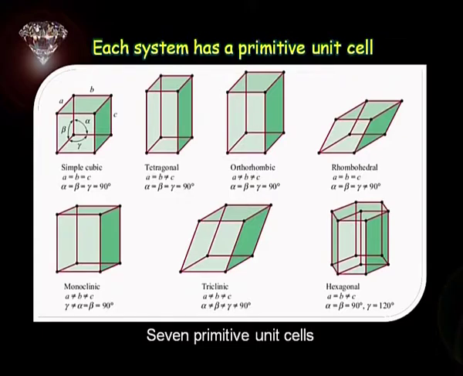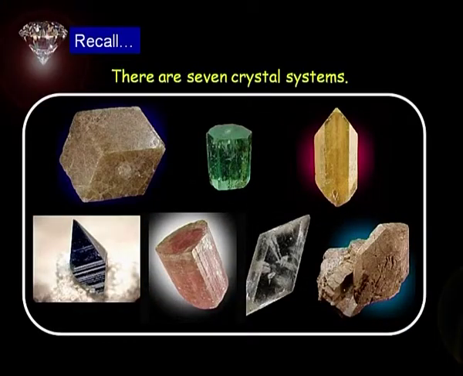So, that is fine. But you recall that, as I just mentioned, there are 7 crystal systems, and now we are seeing that there are 7 primitive Bravais lattices. This gives us an indication that what Hauy proposed, that the outward symmetry of a crystal is a manifestation of internal structure, stands vindicated.